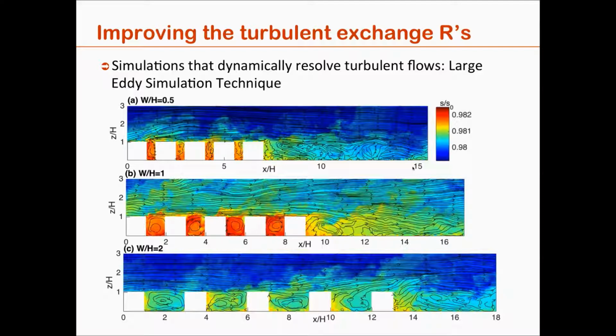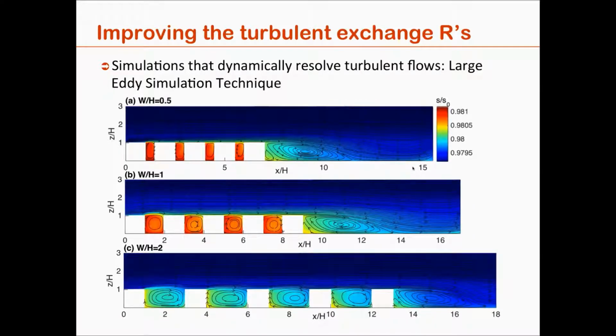And what we want to do with that eventually is to improve, again, the parameterizations of R. So these simulations fully resolve the turbulent exchanges. And from these fully resolved simulations, we can basically develop parameterizations for the resistances that are better than the ones that are existing. This is an instantaneous slice that shows all the turbulence.